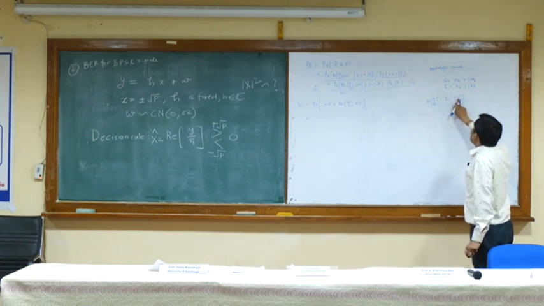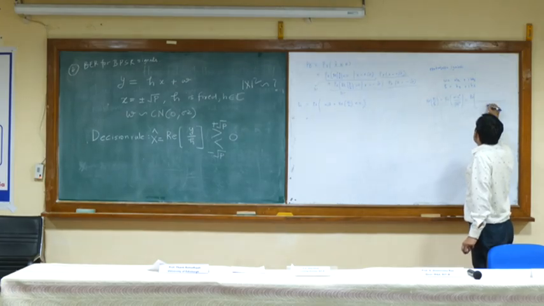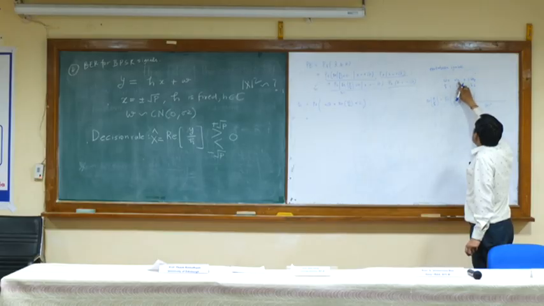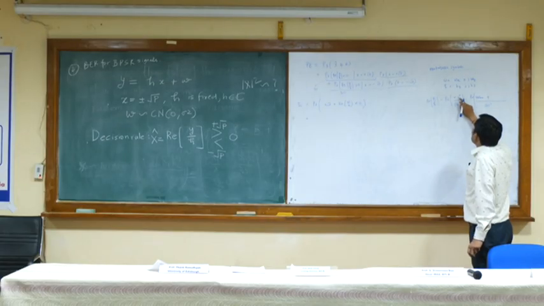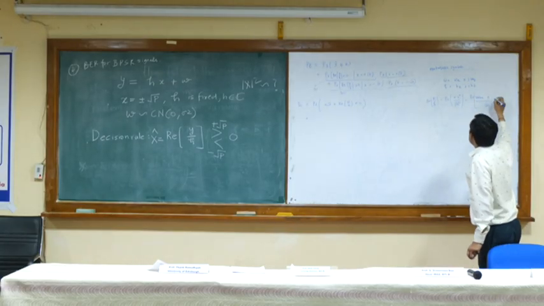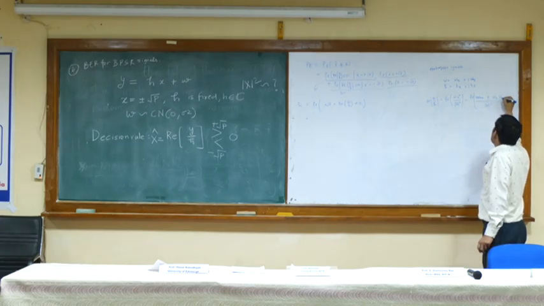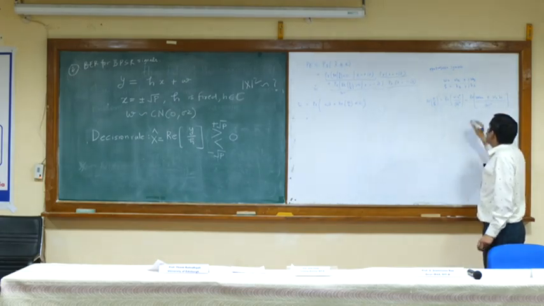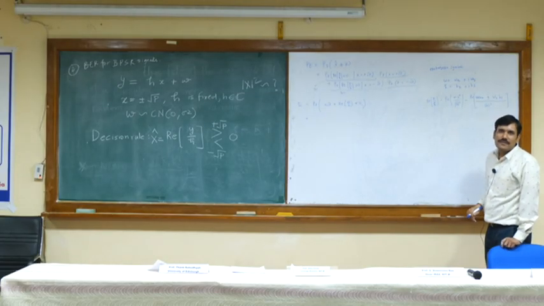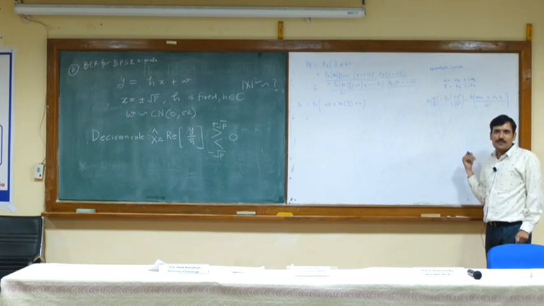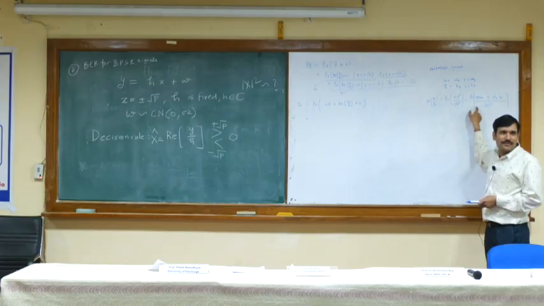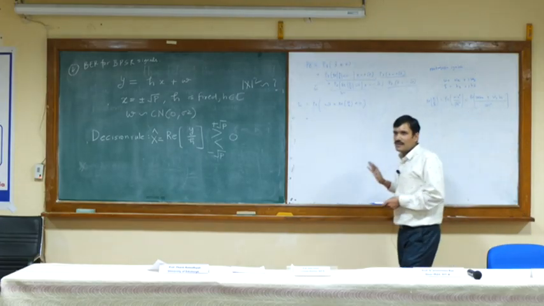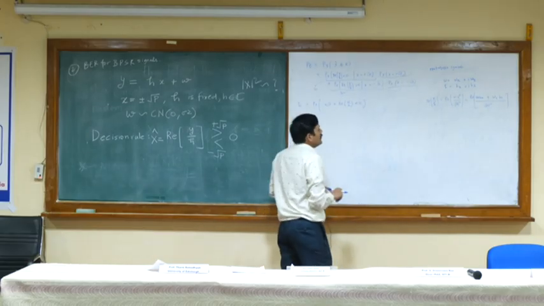Now I multiply w into h star. So how will I multiply this? I will have WR HR plus, because this is the conjugate, this will become minus, and WI HI. Okay? This part clear? Should I expand more? This part is clear? Okay.